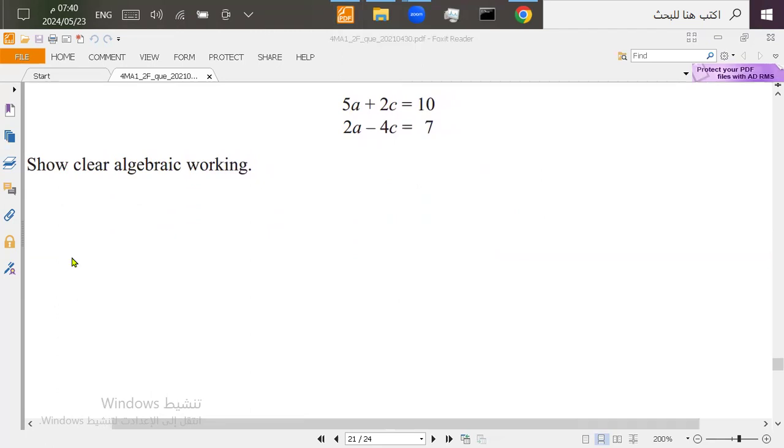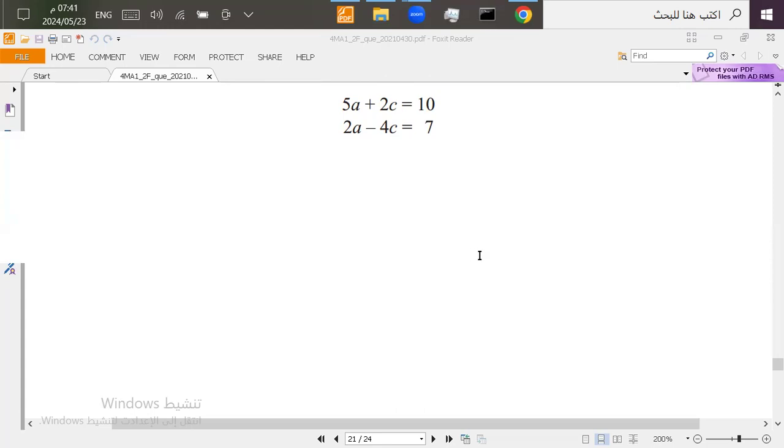Here we have two simultaneous equations, and we're going to solve them using the elimination method. The 5 and the 2 are not in the same times table, but the 4 and the 2 are in the same times table. So if I multiply this by 2, it's going to be 4, the same. This is how the elimination method works.